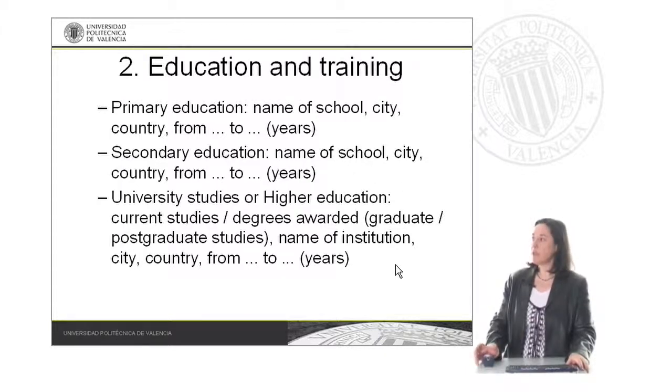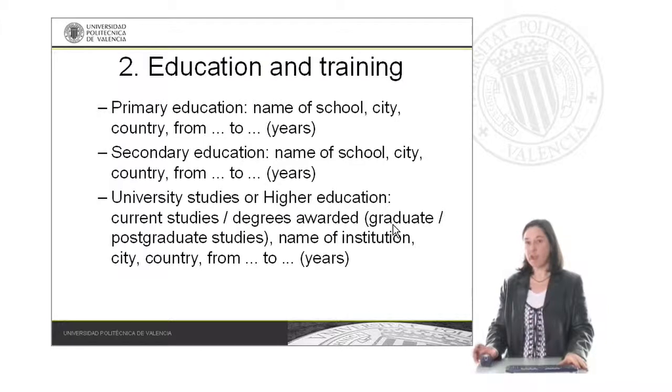And of course, we have to include our university studies or higher education. Note here that the three stages of education are called primary education, secondary education, and higher education. That refers to university level. Here, it would be interesting to include your current studies, as well as the degrees that you may have been awarded in the past, whether they are at graduate level or postgraduate level.